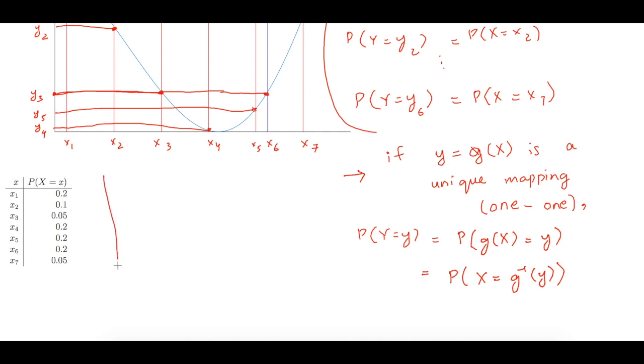Okay, what is my second case? My second case is if g of x is not one-to-one. Then for each point, we add them.